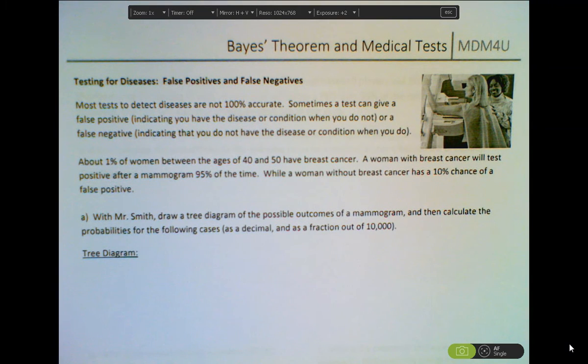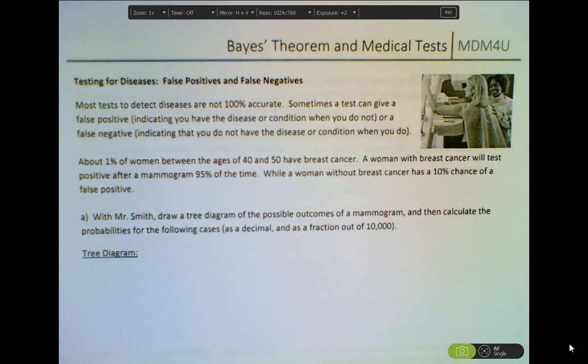So we're going to say about 1% of women between the ages of 40 and 50 have breast cancer, and that if they get a mammogram, they will test positive 95% of the time. A woman who has breast cancer, the mammogram will catch it 95% of the time, while a woman without breast cancer has a 10% chance of a false positive.